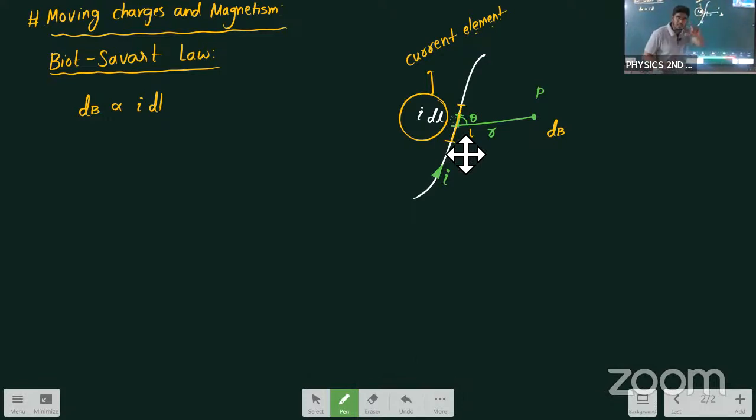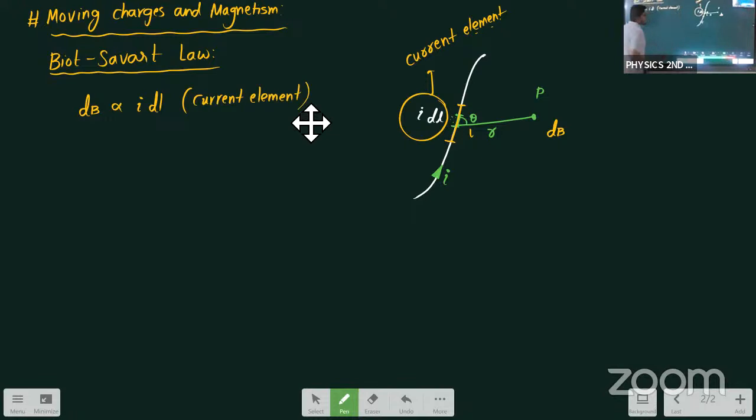If I increase the length element, the number of electrons flowing through it will also increase. If the number of electrons is increasing, definitely the amount of magnetic field created here will also increase. That is the reason we have written that the magnetic field induction created at point P is directly proportional to what? This is called the current element.